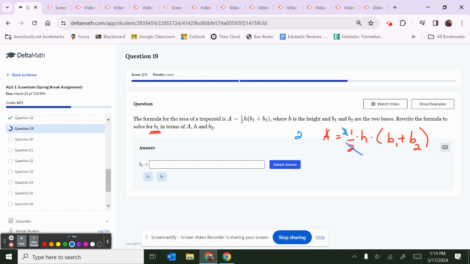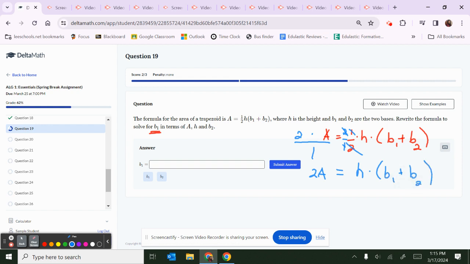Then I'm going to divide by the numerator of 1, and that cancels that 1 right there. So 2 times A is 2A, and 2A divided by 1 is still just 2A. And I have that it's equal to, so the 1 half and the 2 over 1 cancel, H being multiplied by B1 plus B2.